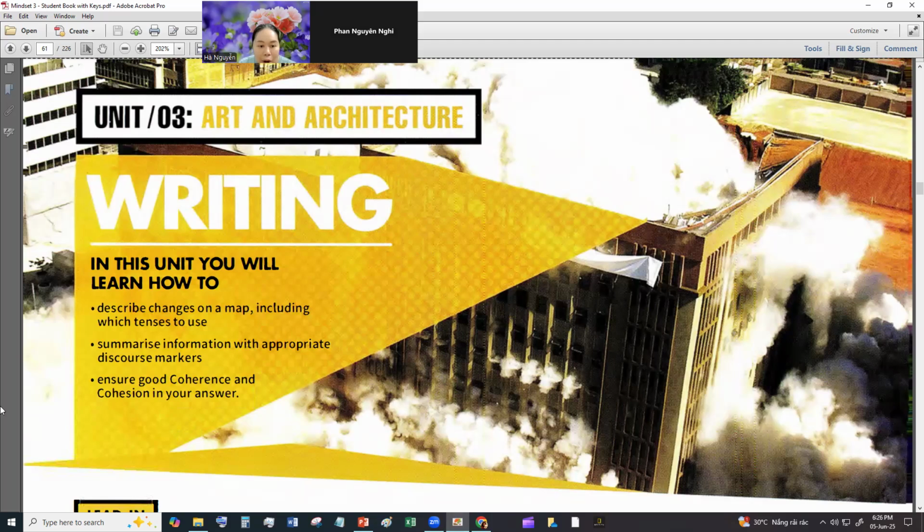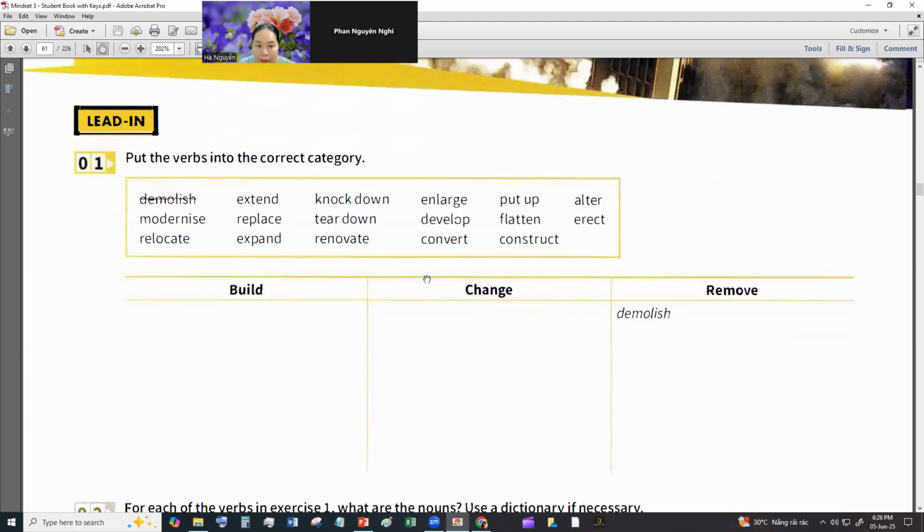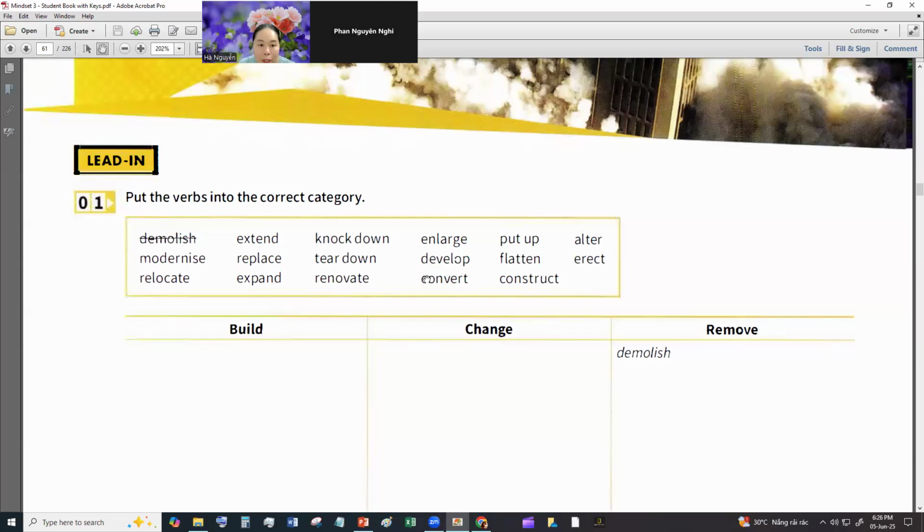So we'll learn to describe changes on a map. Okay, so let's see some of the verbs. All right, so now we're going to learn some more verbs. Put the verbs into the correct category. So the verbs can denote build, change, or remove. Okay, so in order to build, you have some verbs.